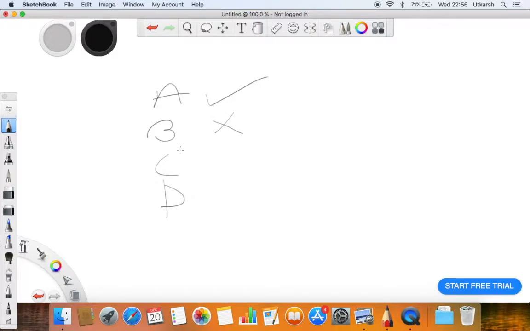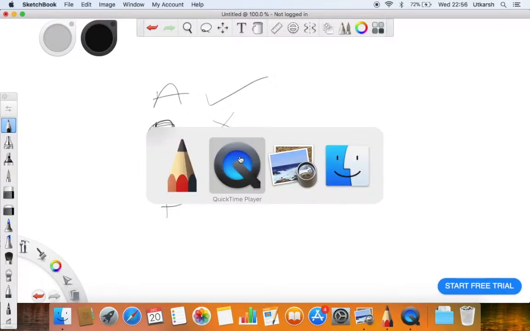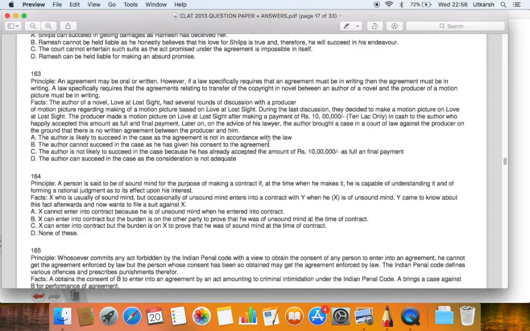Because he gave consent does not mean he can change the law. If you and I decide that stealing from someone is not a crime, we'll still be liable for theft. Two people cannot decide and change the law. A person cannot by his consent change the law. So you just have to ignore this option, this is wrong.